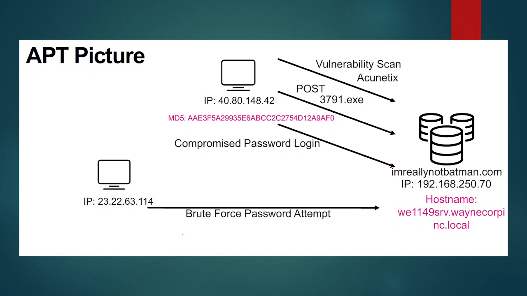Then we went further and identified the executable file that got executed on our host in the installation phase, and we documented the MD5 hash corresponding to that file. This is how the picture continues to evolve.